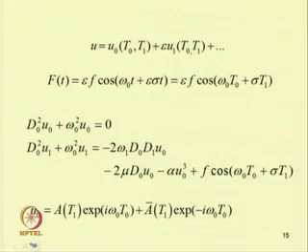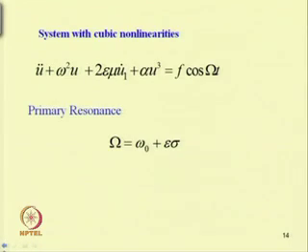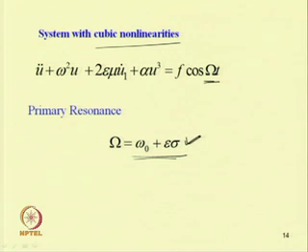In our previous class, if the system is of weak nonlinearity, taking only a cubic nonlinear term, we can have this primary resonance. Primary resonance means that when the external forcing omega is near the natural frequency of the system, we can add a detuning parameter to the system.